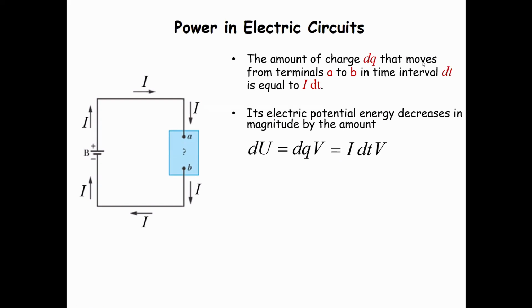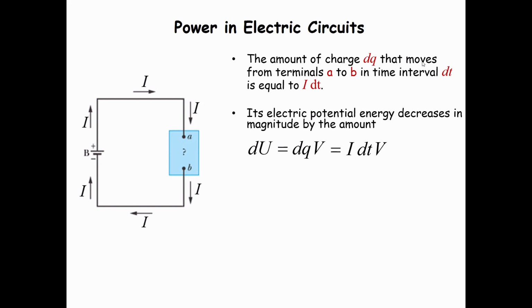And we need to make the substitution for the infinitesimal amount of charge that's moved. It's I times some interval of time times the voltage across that device, the mystery device.